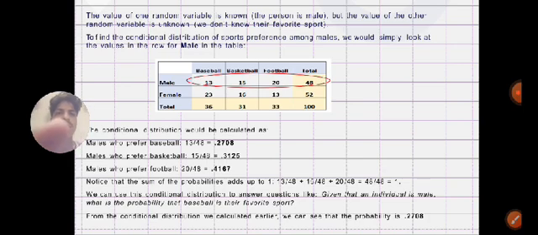Here, the value of one random variable is known: the person is male. But the value of the other random variable is unknown. We don't know their favorite sport.